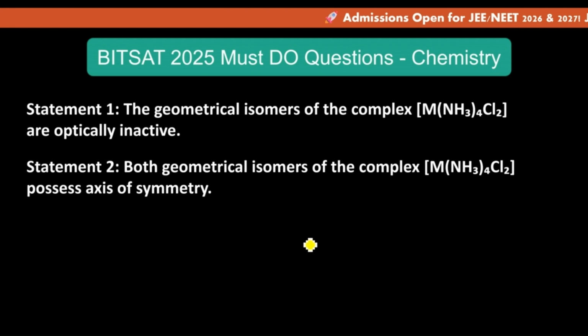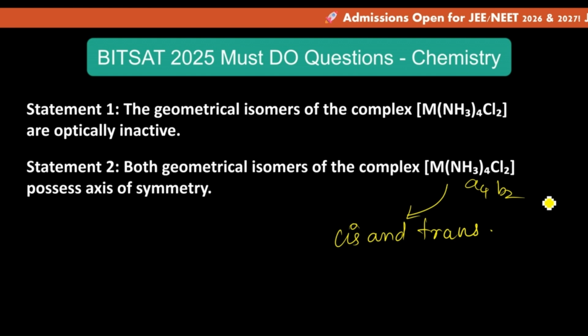And it will have two geometrical isomers, that is cis and trans. This is A4B2 type, right? The Cl can be at opposite positions, 180 degree angle, which will have a plane of symmetry. So this makes it optically inactive.